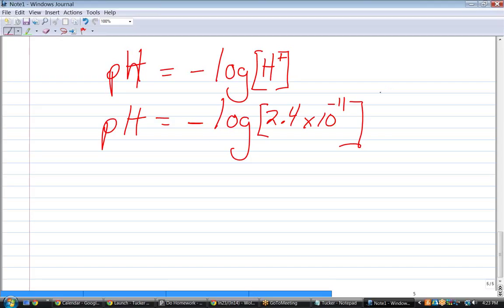So if I take that and stick it up here, I can do that, right? Dealing with logs. In other words, that's the same thing right there. Yeah. Now I can multiply the -1 times the -11, and so the pH is going to be the log of 2.4 times 10 to the 11th.